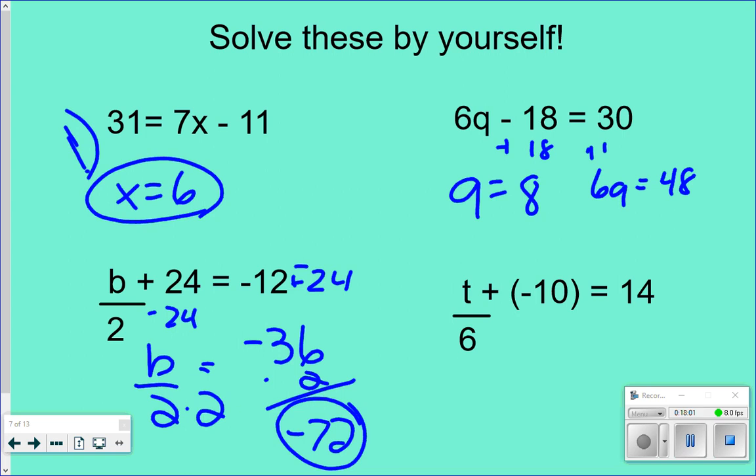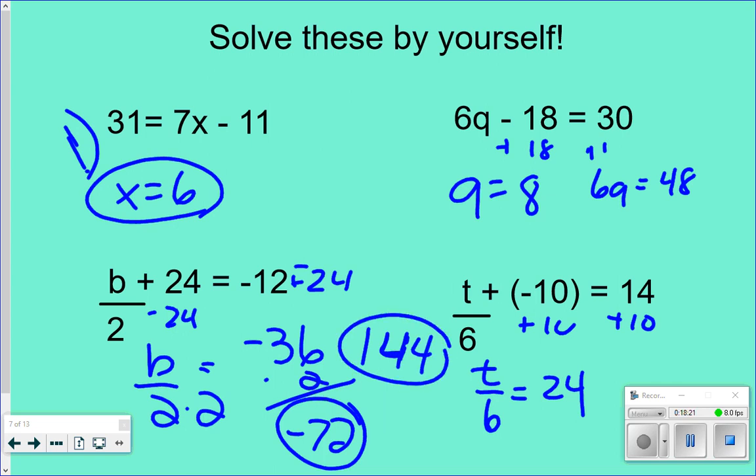Okay? And then over here, you would have been adding your 10. And it would have been t divided by 6 equals 24. Multiply by 6 on both sides. Then 140, 84? 84 or 44? All right, 144 says the group.